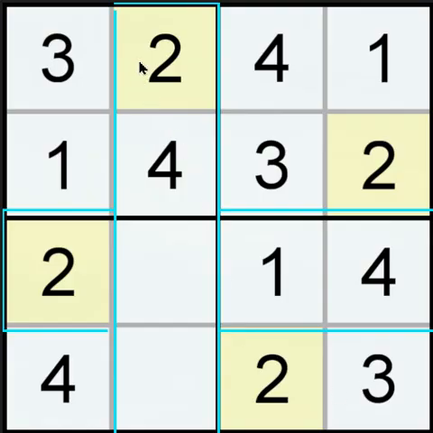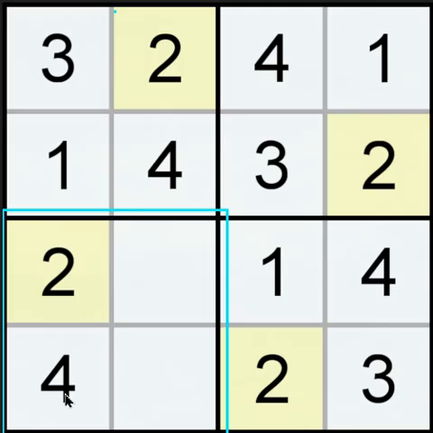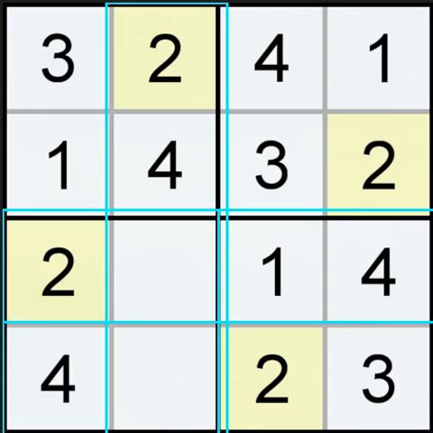Look at column 2. Does that column have a 3? No, it does not. Good. Is there a 3 in the black box on the lower left? No, there's not. Good. Look at the crosshatch pattern.